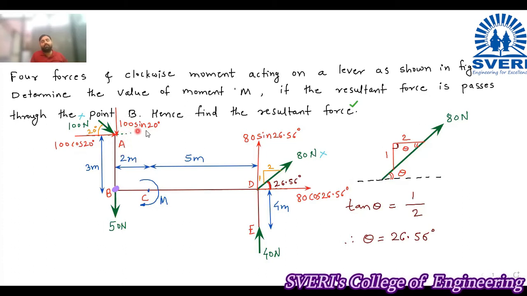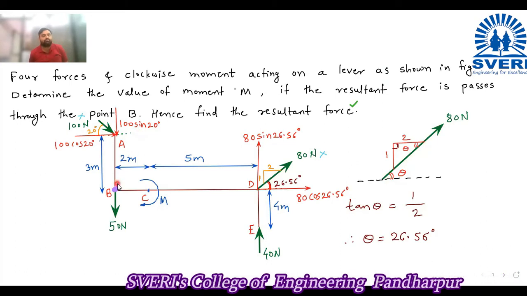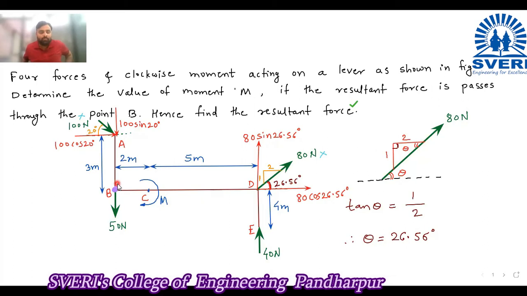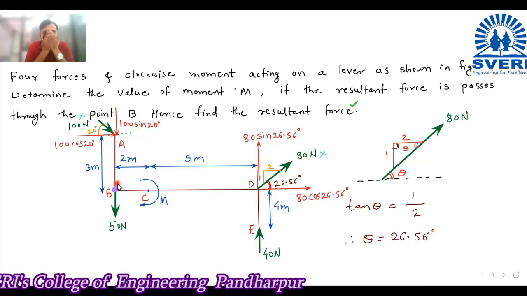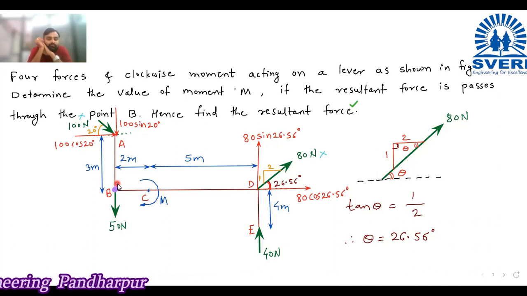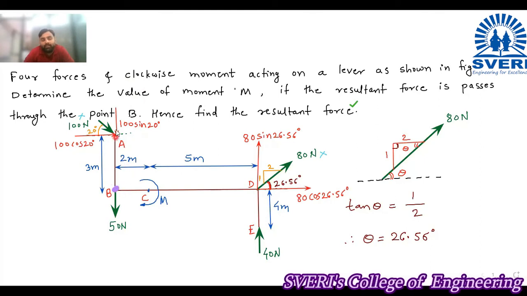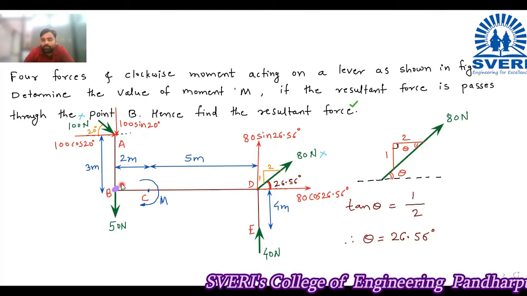Next is this 100 sin 20. What is the moment of this 100 sin 20 from point B? 0. Why is it 0? It is passing through point B. You have studied the law of transmissibility of force.